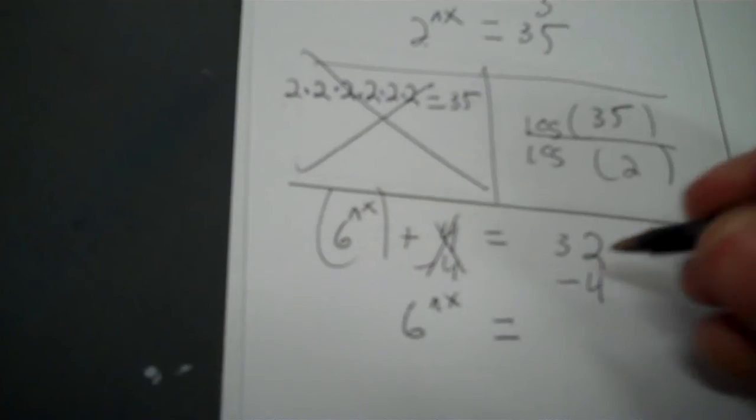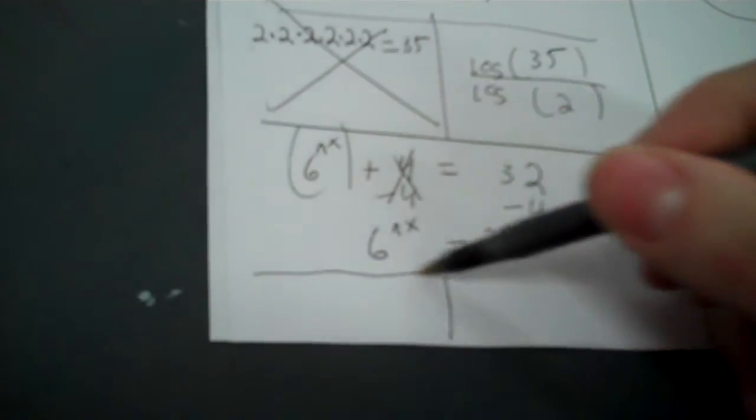Okay, again, now it's 6 to the x power. So plus 4 will minus 4. So 32 minus 4 is going to be 28. Sorry, I didn't give you much room here. So equals 28. That's already too high because 6 times 6 is 36.